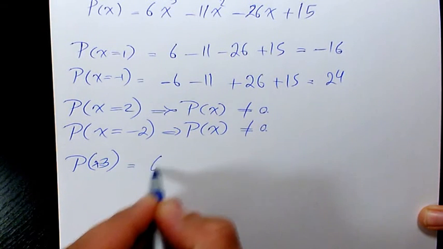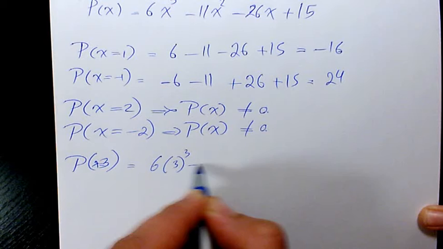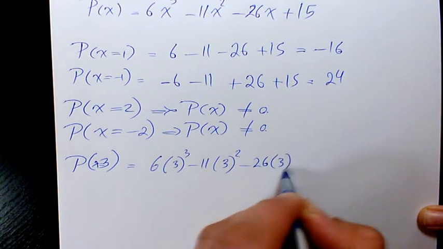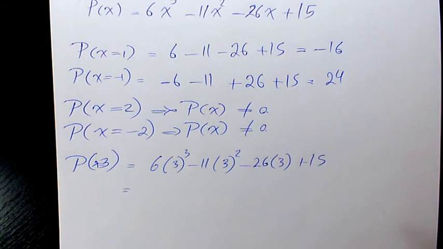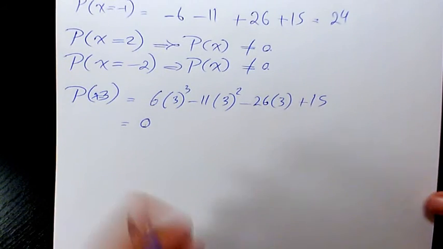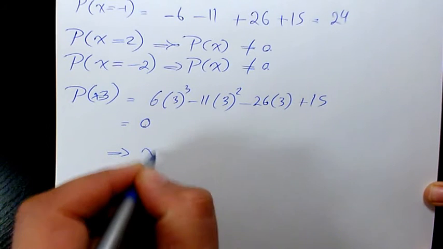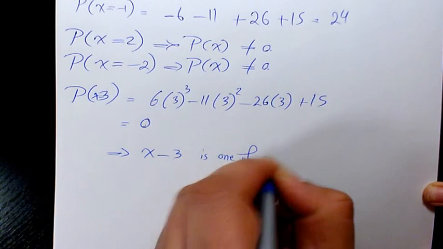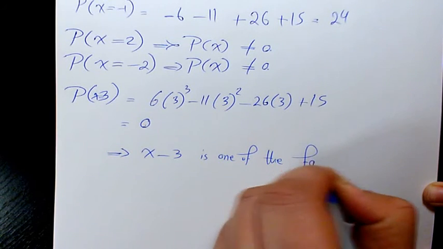So you have 6 times 3 cubed minus 11 times 3 squared minus 26 times 3 plus 15. So 3 cubed is going to be 27, 6 times 27 minus 11 times 9 minus 26 times 3 plus 15. That's going to give me 0. So x minus 3 is one of the factors.